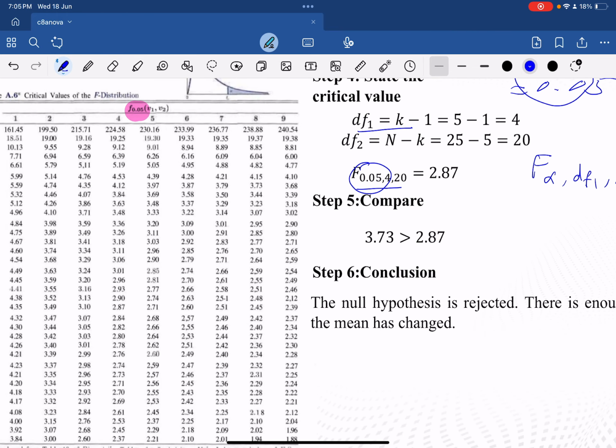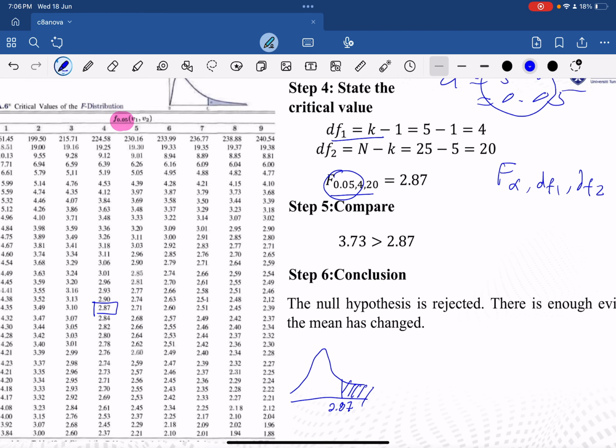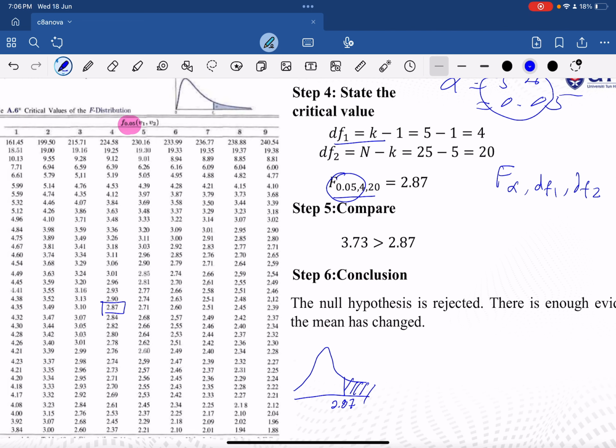Alright, so the value here is 2.87. So 2.87 is our critical value. More than that, we reject H naught.